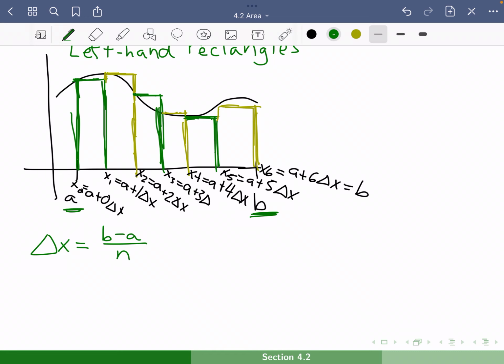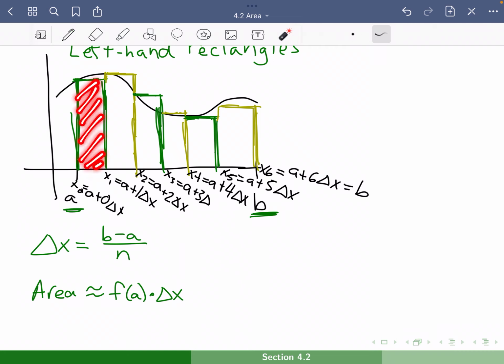And so then what is the area under this curve? Well, that area is going to be approximately the function value at a times delta x. Why? That gives us an approximation for the area of this rectangle.